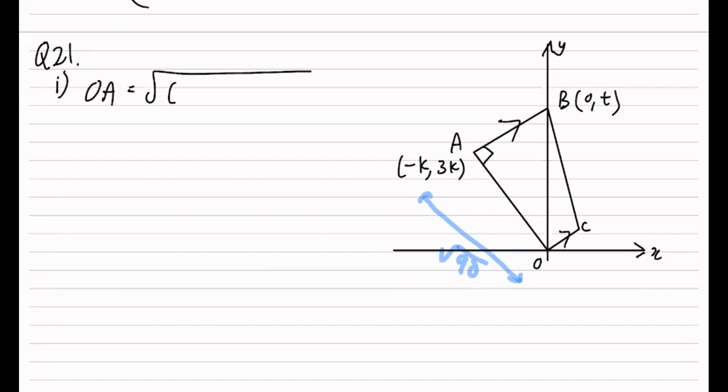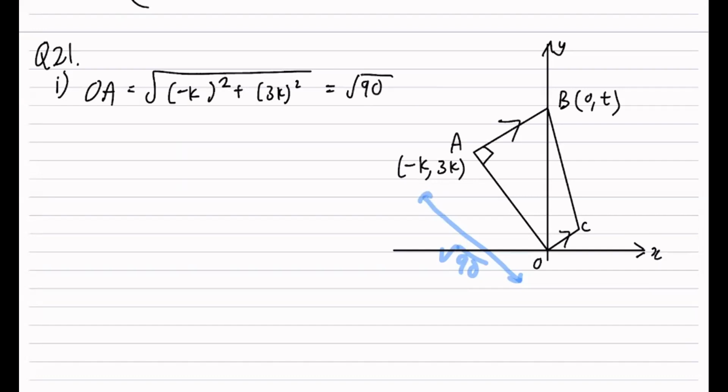Which is? Tell me in full. Minus k, then plus, oh wait, no, square. Then plus 3k square. Yes, correct. So we also know OA is square root 90, so I'm going to equate this to square root 90.